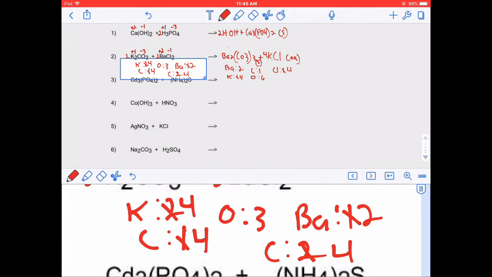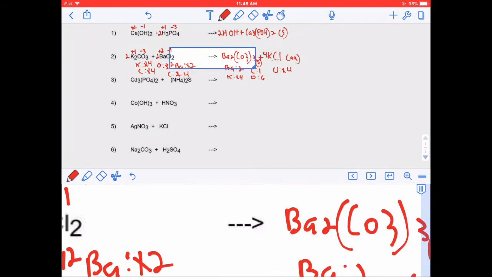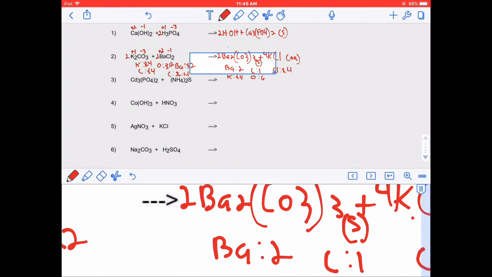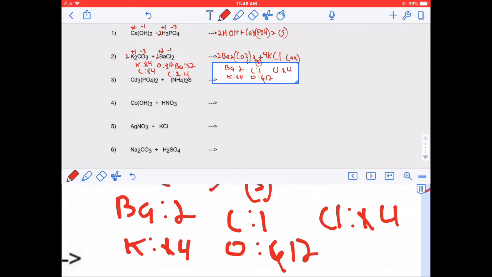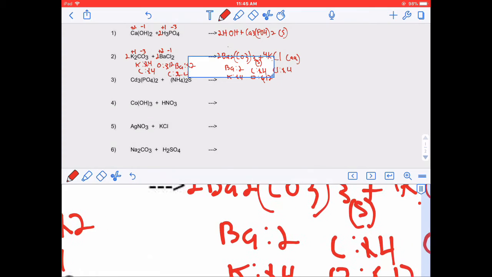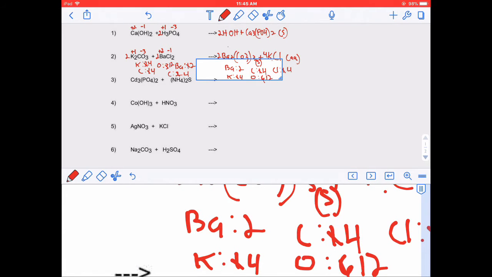So that's what I'm doing now. I'm just finding the balanced equation, and I get the final product towards the end. I'm still working it out here. So now it's 2BaCO3 and it's balanced.